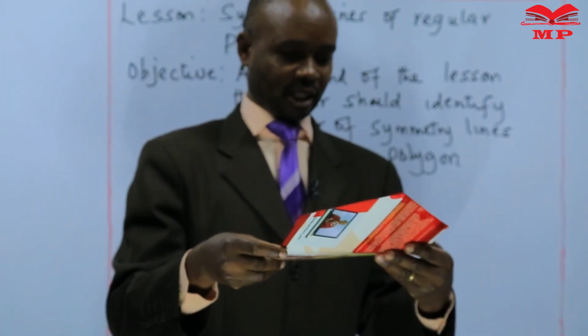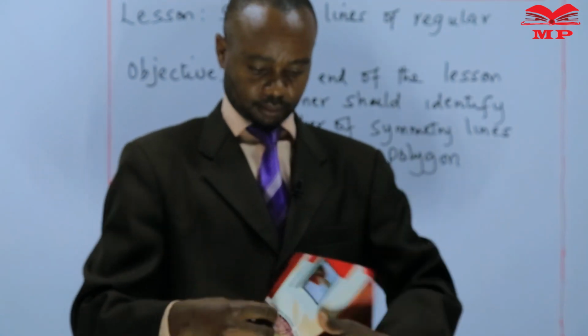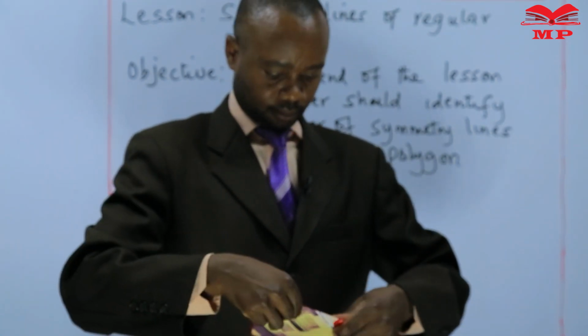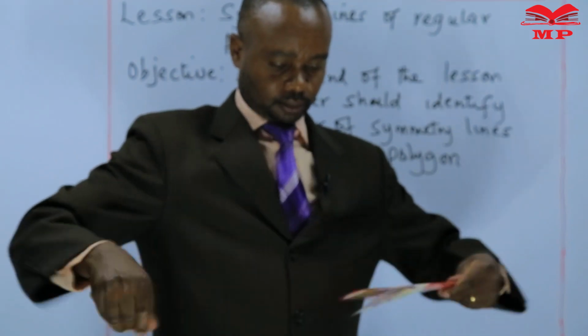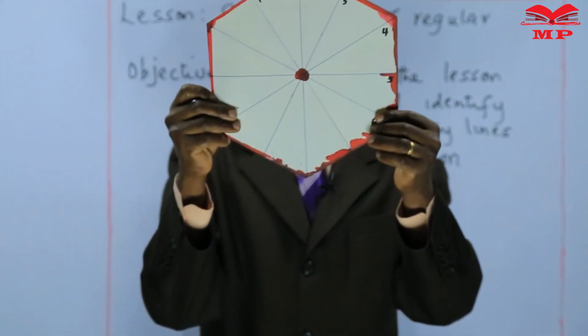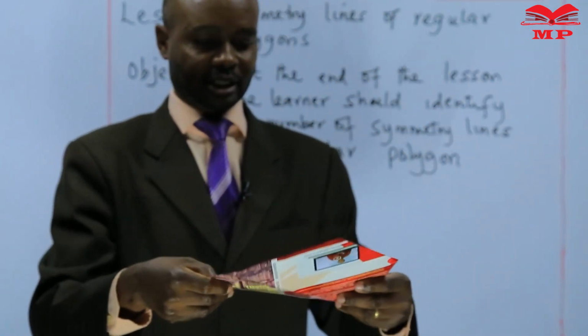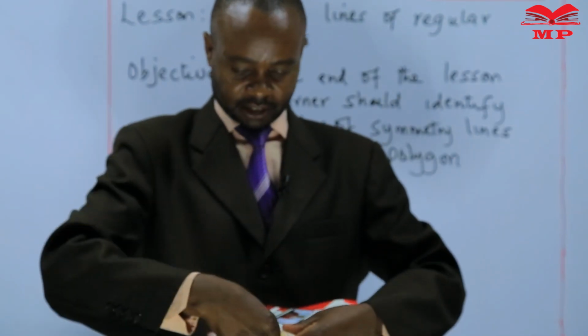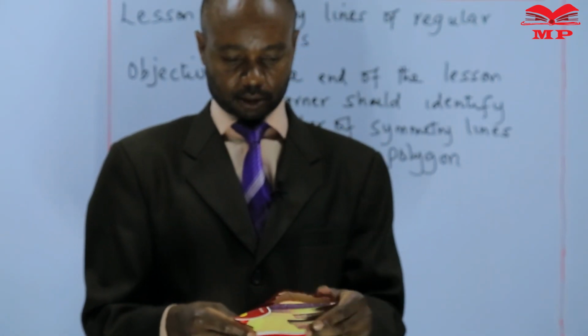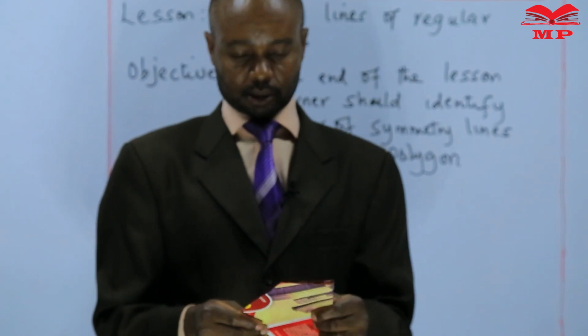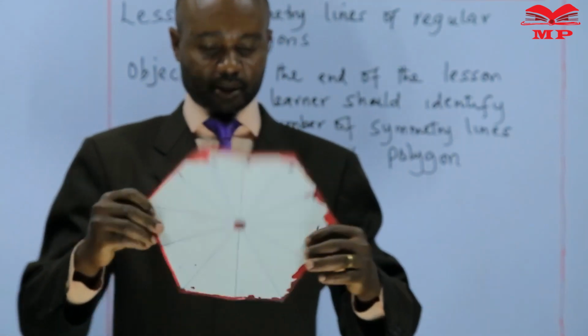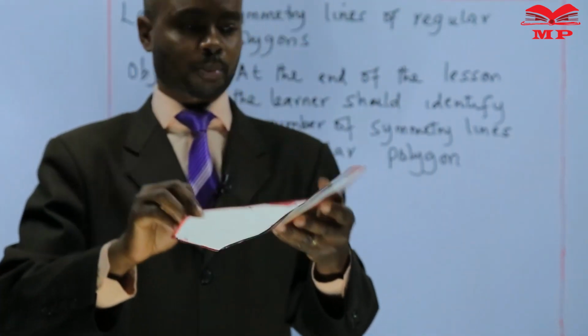Move to line number 2. I've got 2 proportionate halves. I move to line number 3. I get 2 proportionate halves.